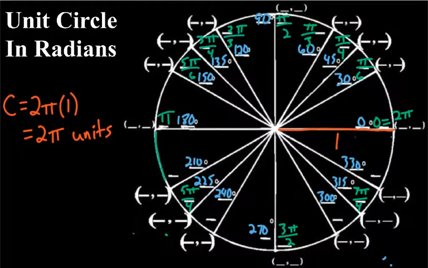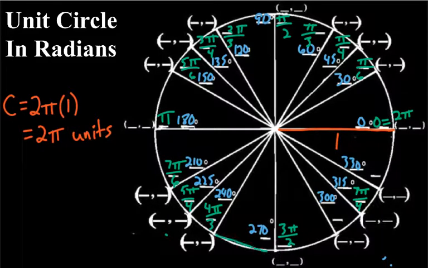Adding another 30 degrees to 210 degrees, and in radians, adding another pi over 6 units to the 6 pi over 6 is 7 pi over 6. Adding another 30 degrees and pi over 6 units is 8 pi over 6, which is 4 pi over 3.